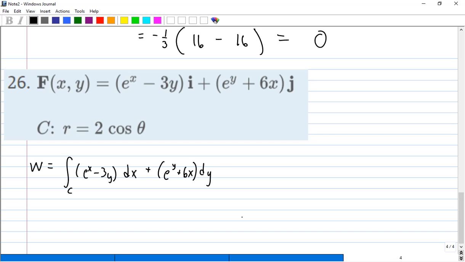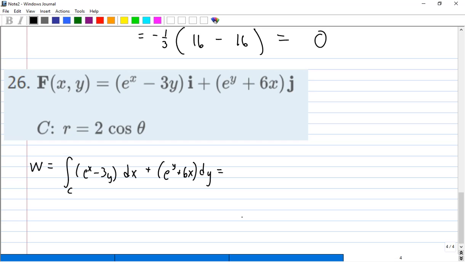So if we apply Green's theorem, then what would that be?